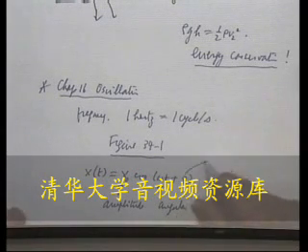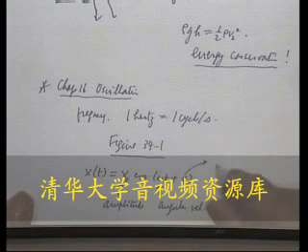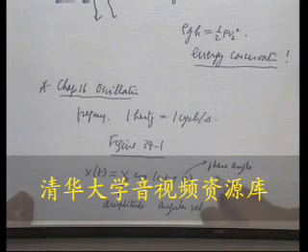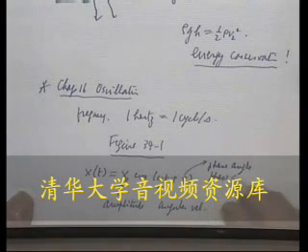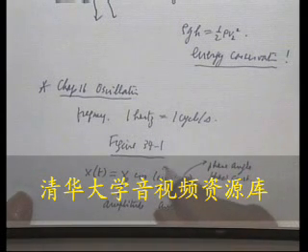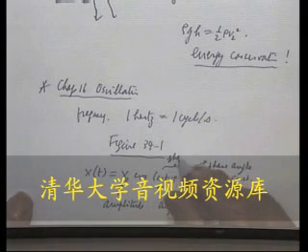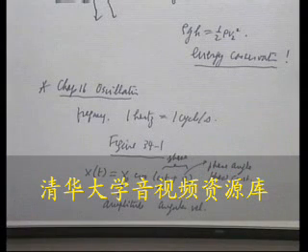This phi is called phase angle or phase constant. And what's under the cosine, the whole thing, is called the phase. The phase would usually go from 0 to 360 degrees to 720 degrees, and so on and so forth.